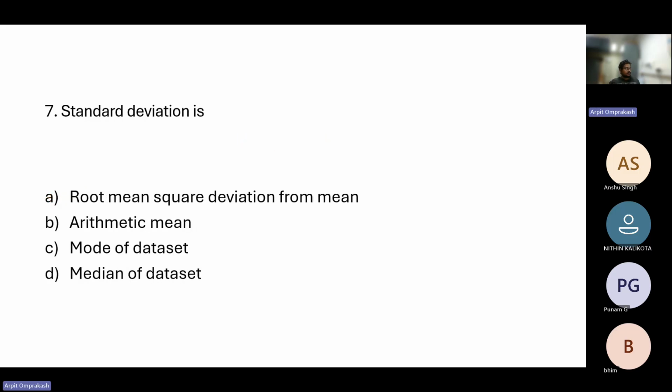Standard deviation is dash. A, root mean square deviation from mean, B, arithmetic mean, C, mode of the dataset, D, median of the dataset. So what will the answer be here?